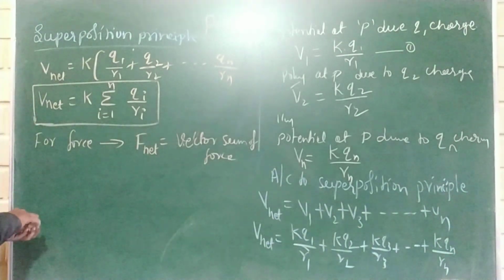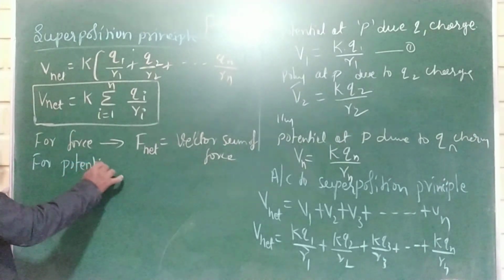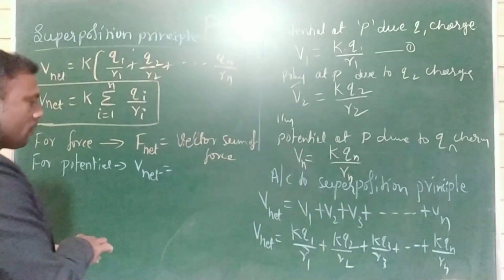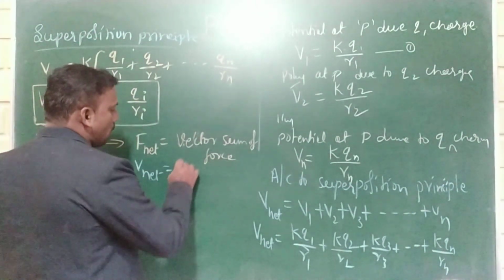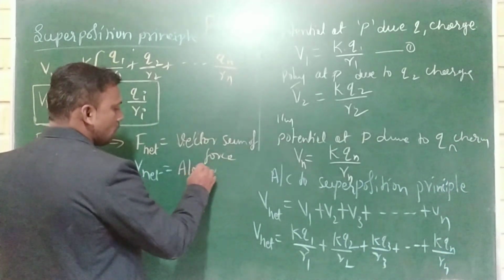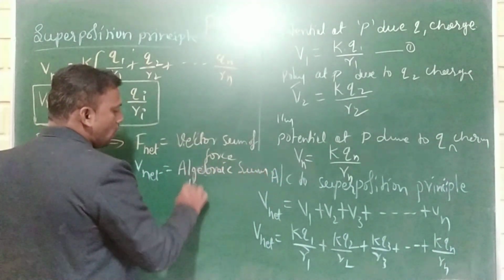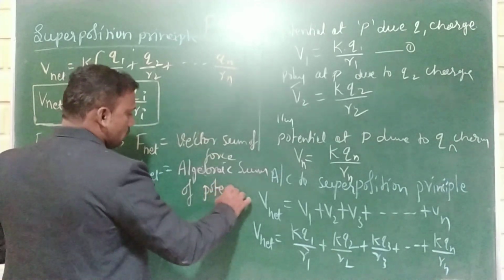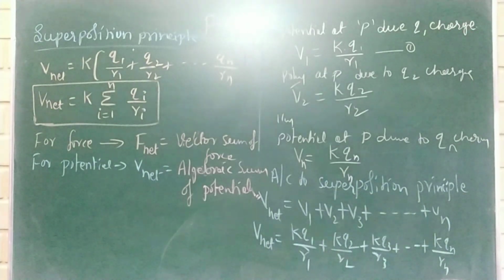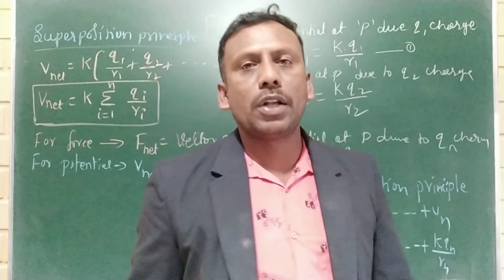For potential, V net is equal to the algebraic sum of potentials. This is about the superposition principle for electrostatic potential.